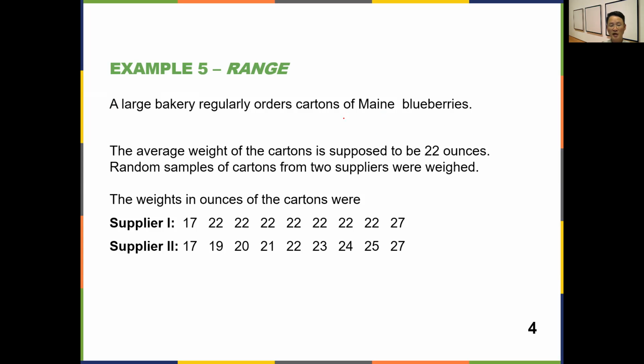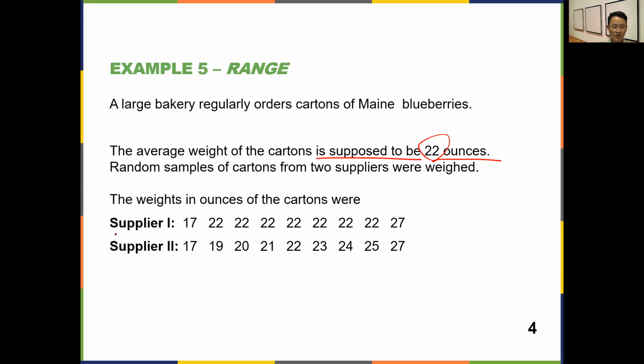I guess Maine is famous for blueberry, right? So you weighed those containers, the cartons of blueberry, and it's supposed to be 22 ounces. That's supposed to be the regular proper weight of the blueberry.